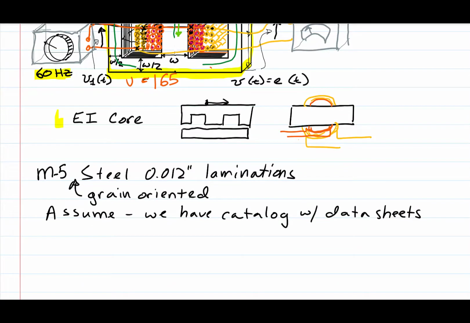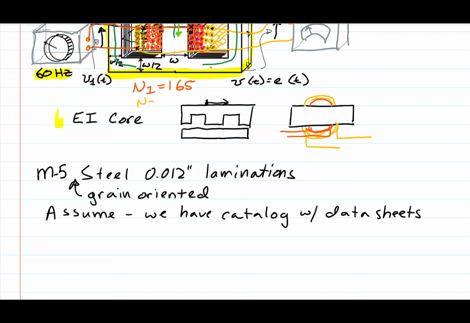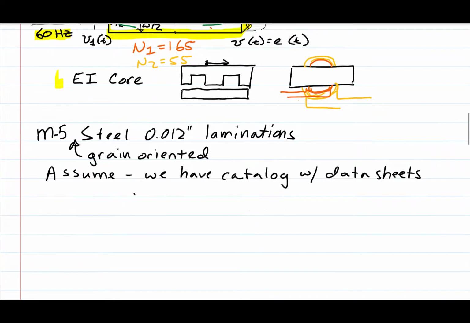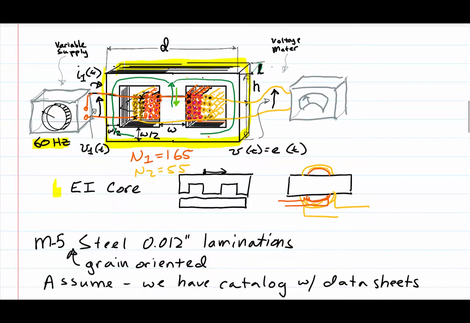So let's talk a little bit about this particular transformer. The transformer has primary side turns of 165, and secondary side turns of 55. We have core dimensions, which are indicated in this picture here. We've got the middle width, which is a critical parameter.